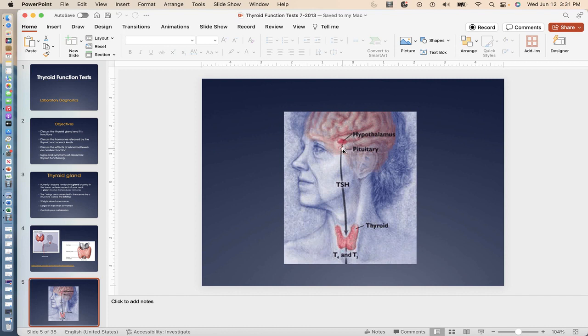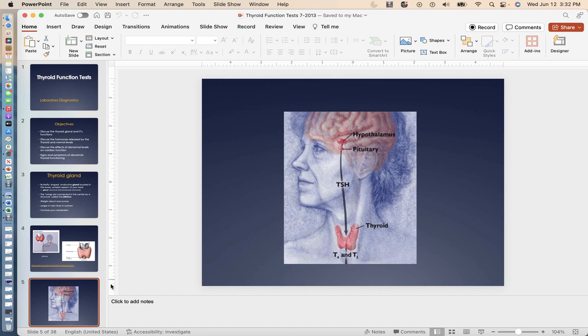The posterior is the oxytocin needed for uterine contractions, and also the antidiuretic hormone. But in the anterior, we have thyroid stimulating hormones. So when it detects that metabolism's low, things are slow, then the anterior pituitary will send out thyroid stimulating hormone, which is TSH, and it will tell the thyroid gland, hey, you make T3 and T4.